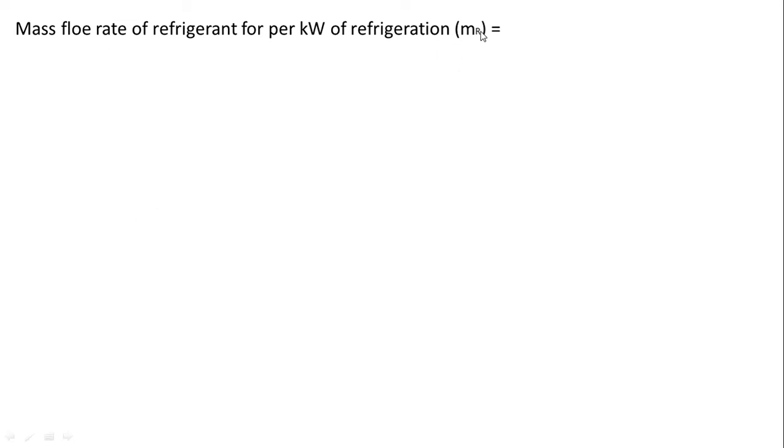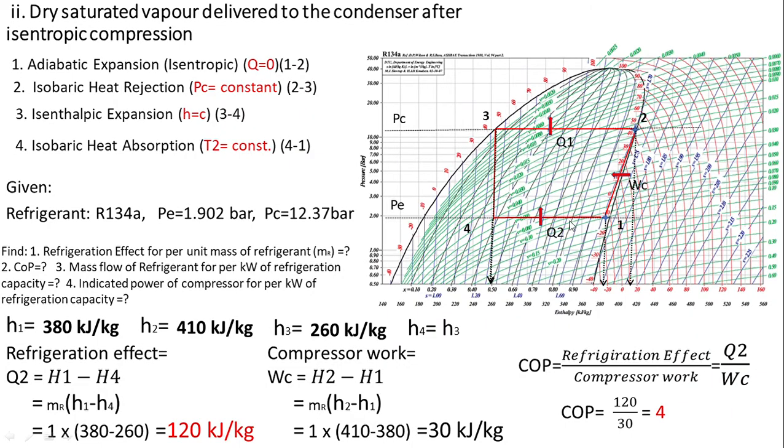So you know that MR you have to find out. What is given? 1 kilowatt of refrigeration means the Q2 value is given, and that we can find out as H1 minus H4. We know it. Okay, refrigeration effect Q2 is nothing but H1 minus H4.